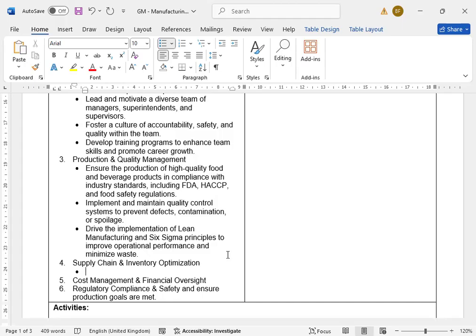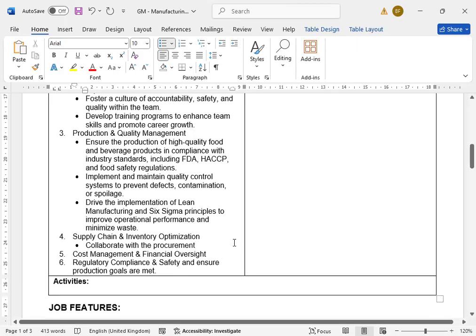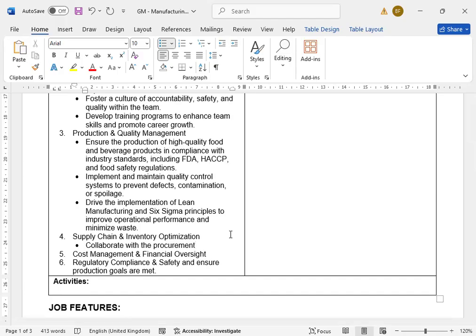Under this, I'm going to say collaborate with the procurement. Raw materials are 80 to 90% of the cost. You separate the fixed assets, the machinery and equipment, but for operations, to produce finished products, you need raw materials.